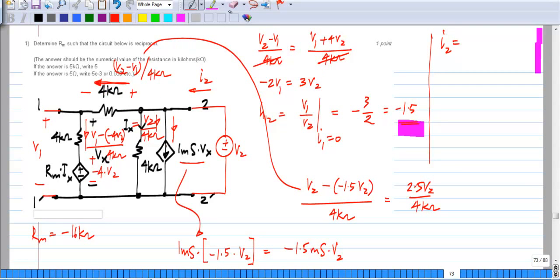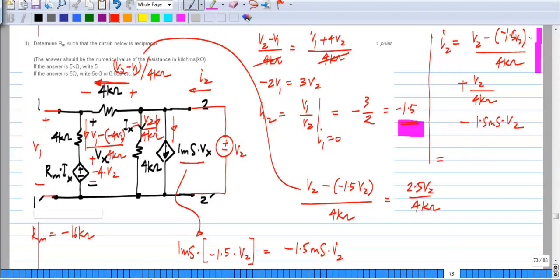This is V2 minus V1 by 4 kilo ohms, which is V2 minus 1.5 V2 divided by 4 kilo ohms, and this one is V2 by 4 kilo ohms, and this one is minus 1.5 millisiemens times V2.